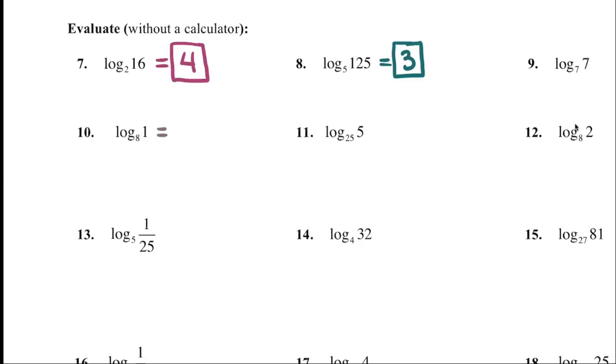No. Remember, you're asking 8 to what exponent gets you 1? 8 to what exponent gets you 1? Good. Got it. Better. Yes. Okay, the answer is 0. 8 to the 0 exponent gets you 1.